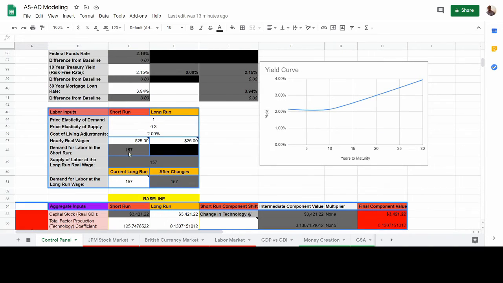So if I go over here to our inputs, and let's say that I want the demand for labor in the long run to be, instead of 157, let's say we make it 305. What you're going to see now is that at 305, we're going to have a higher level of output in the economy.